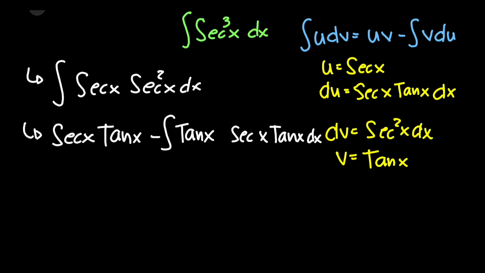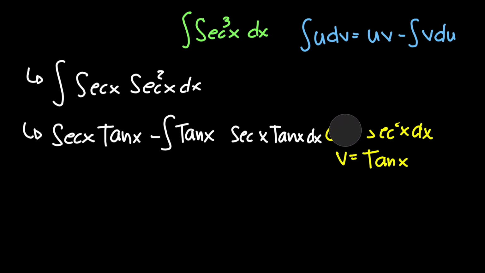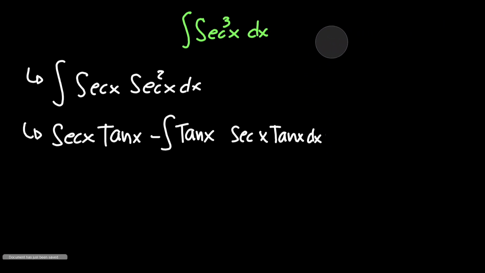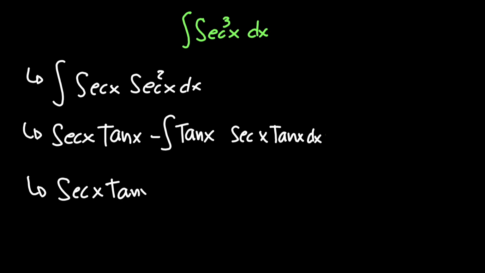Let us now simplify this. Let me just erase this. Simplify this first. You can see here that we have two tangent of x. We can combine them. Combining these two, it would result in tangent squared of x, and copy the rest.